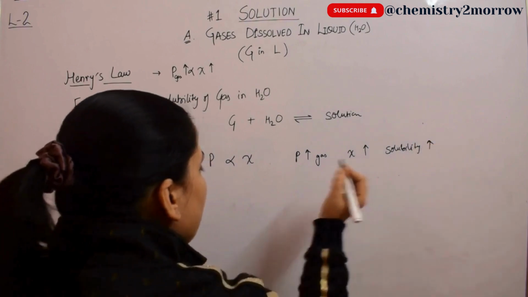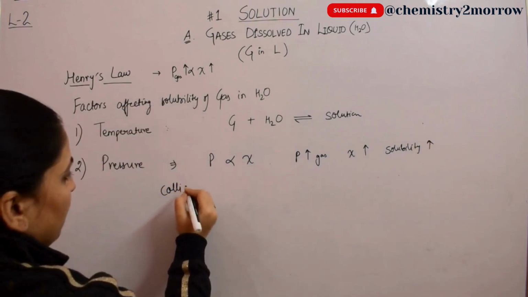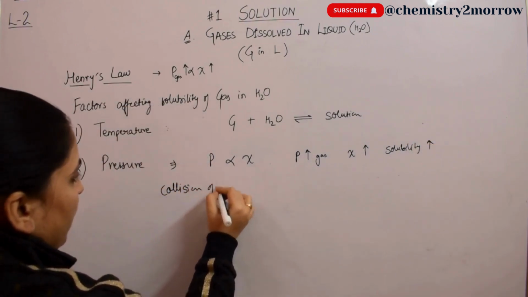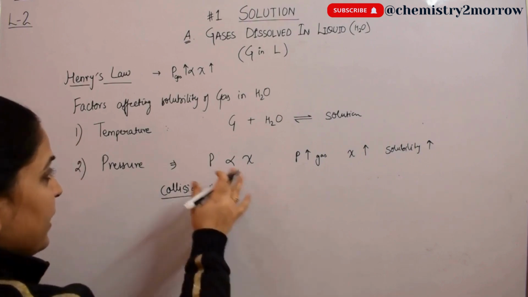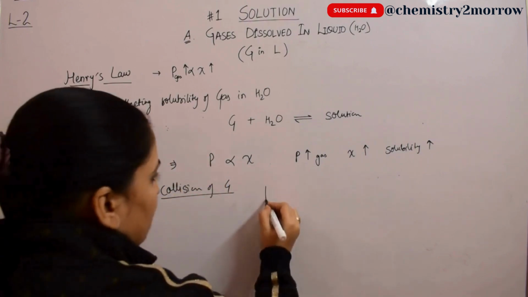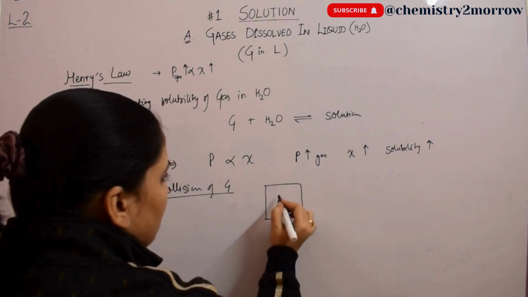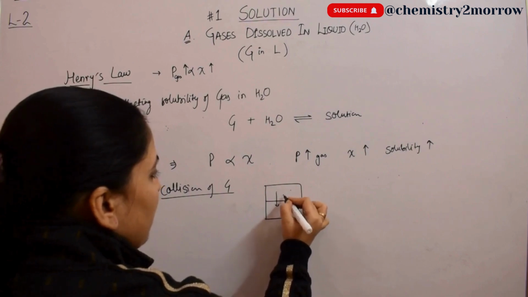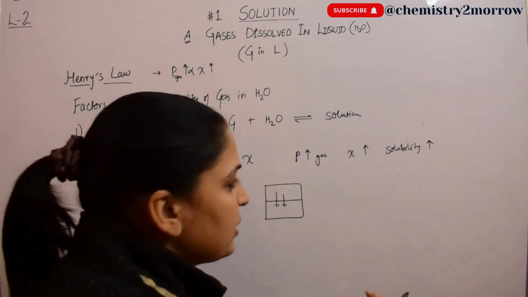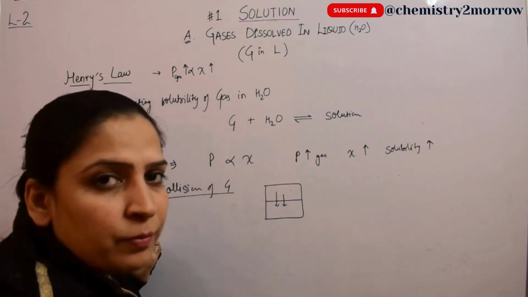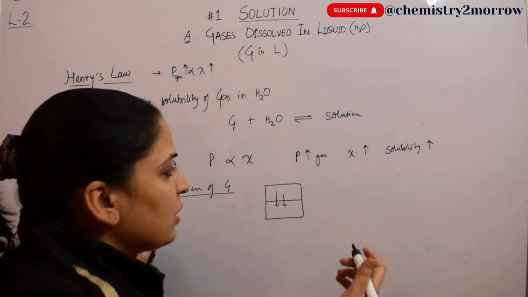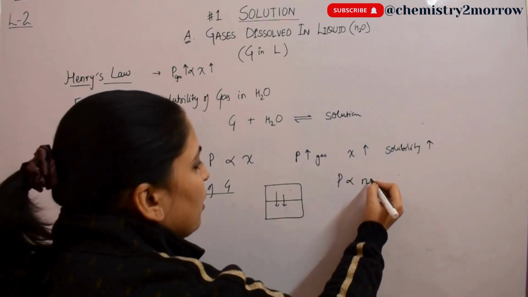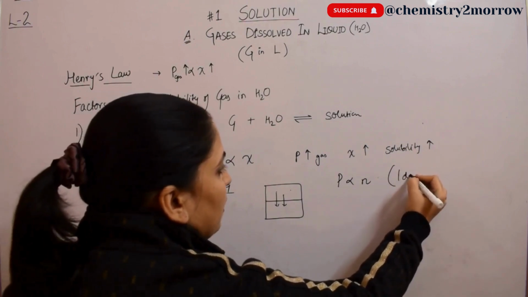This can also be explained through collision of gases, just like it has been explained for temperature. So this system is there. On increasing the pressure, how can you increase the pressure of a gas? By increasing the number of gaseous molecules, because pressure is directly proportional to number according to the ideal gas law.